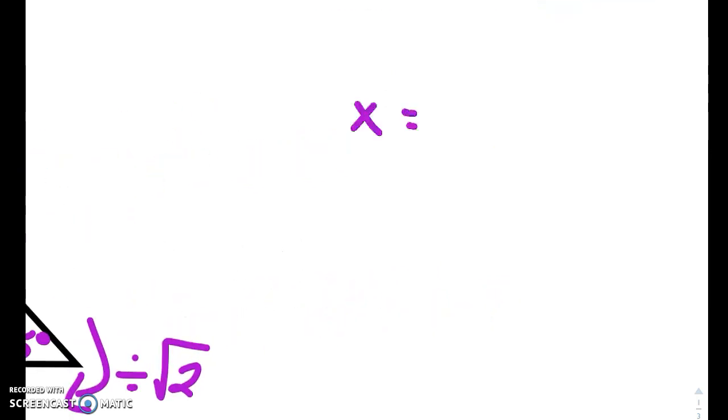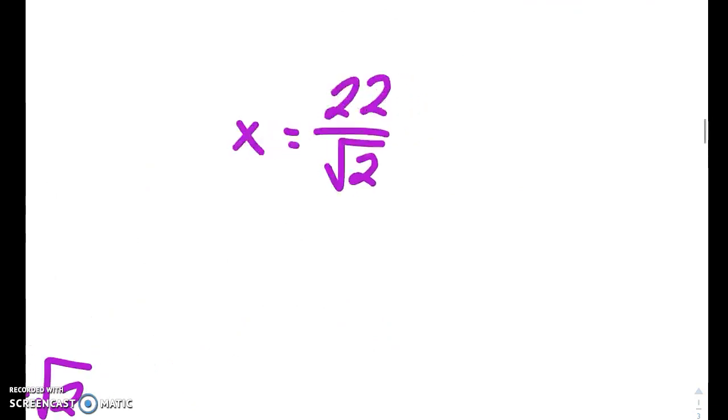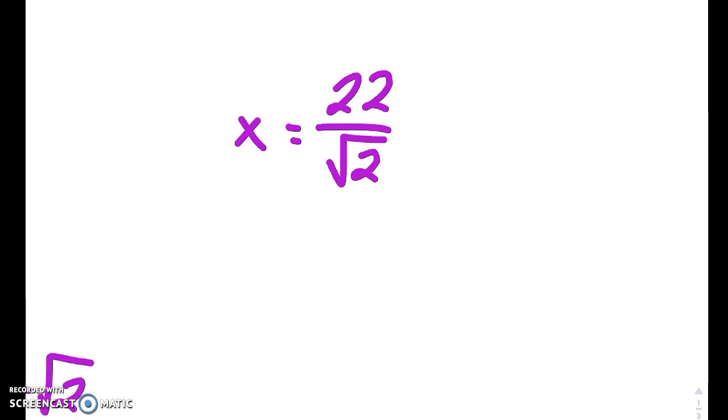So x equals 22 divided by radical 2. How we solve this is by rationalizing. We cannot have a radical in the denominator, so we rationalize by multiplying the top and the bottom by radical 2.